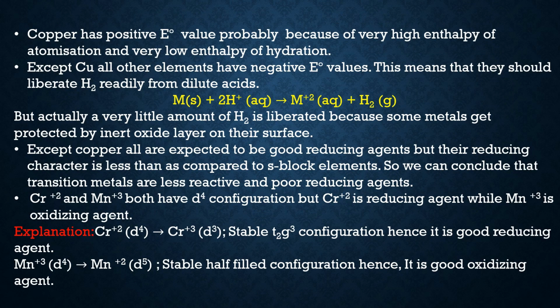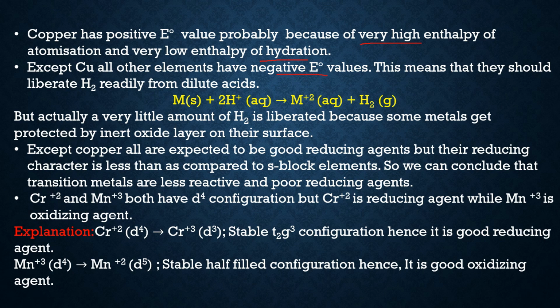The second point to note down is that copper has a positive E naught value. You can see that the only positive value is for copper. The reason is that its enthalpy of atomization is very high and the enthalpy of hydration is very low. Hence it has a positive E naught value. Except copper, all the other elements have negative E naught values.